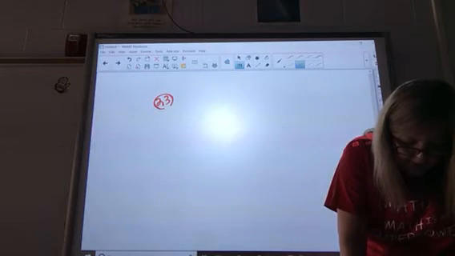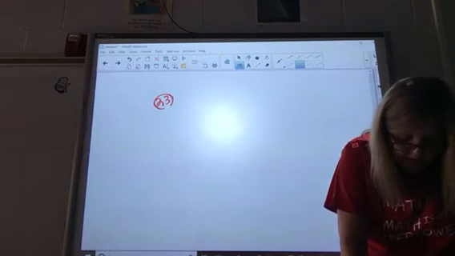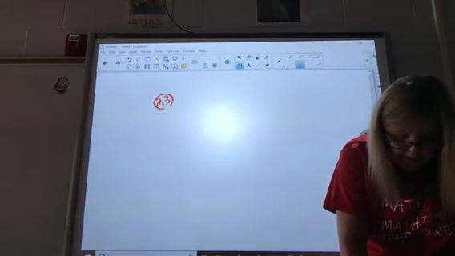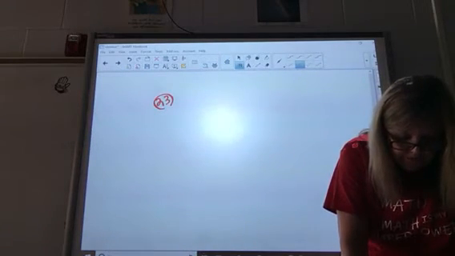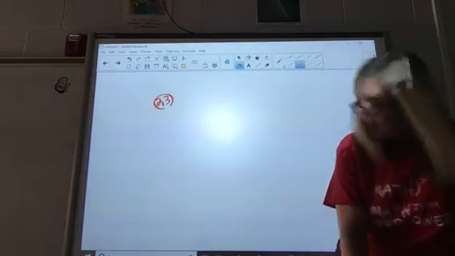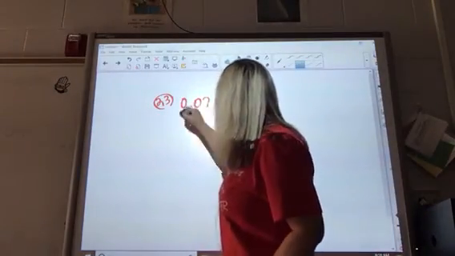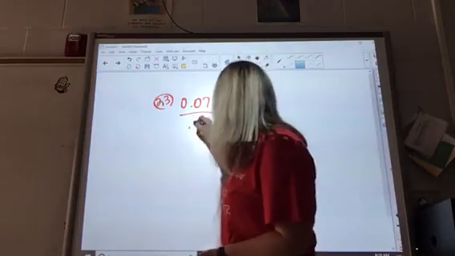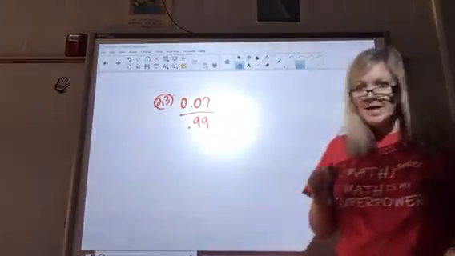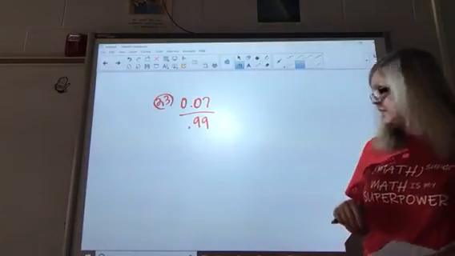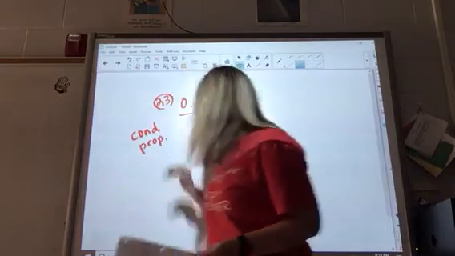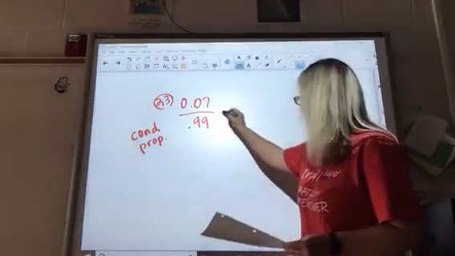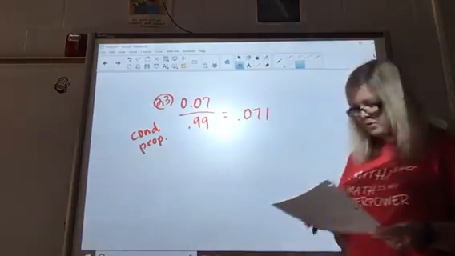If an incarcerated person is selected at random, find the probability that the person is a female, given that the person is an adult. Given that means to divide. So I'll take the percentage that's a female, and I'm going to divide it by the percentage that is an adult. If you look back at your notes, that's the formula for conditional probability. Okay, I punch that in, divide it, so that's 0.071.